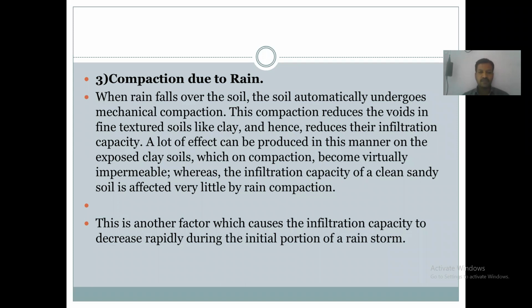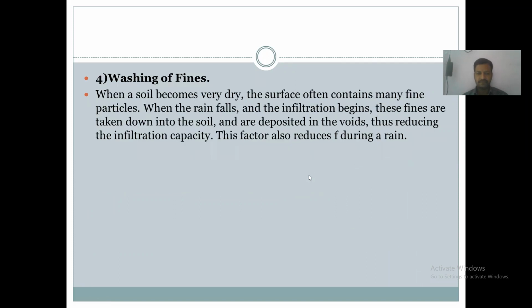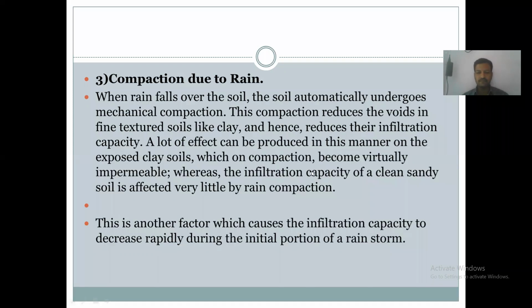So due to this rainfall, there may be compaction of the soil. Due to this compaction, the infiltration capacity will decrease. This happens initially when rainfall occurs.